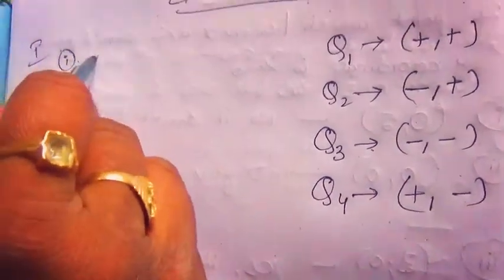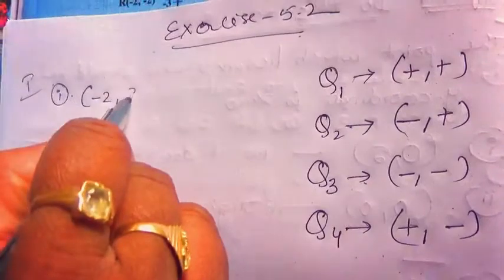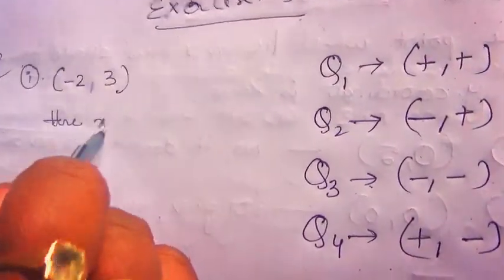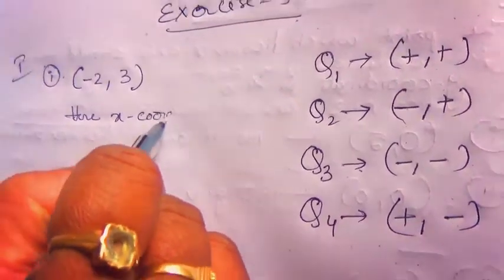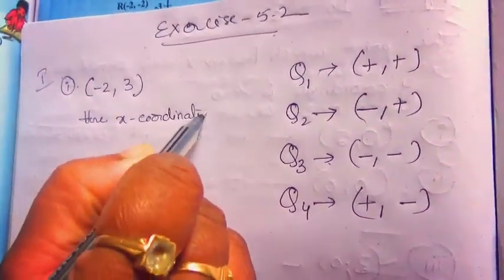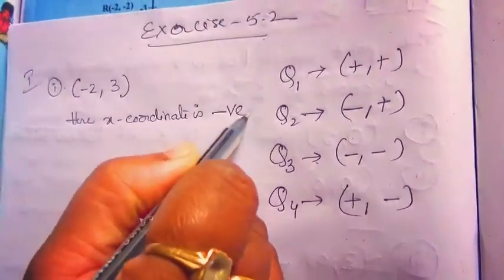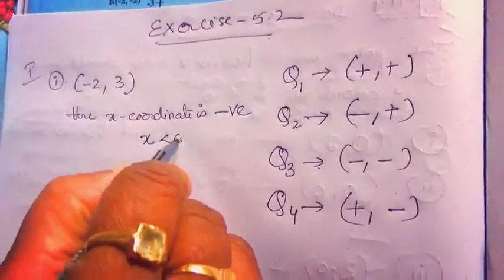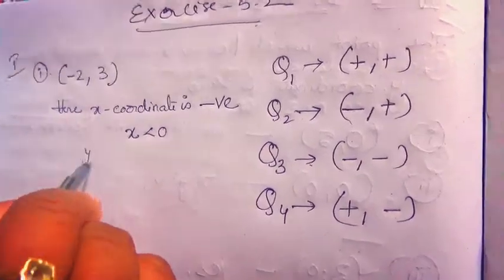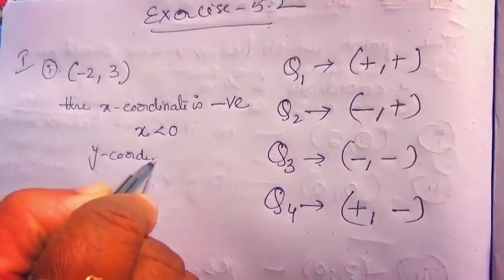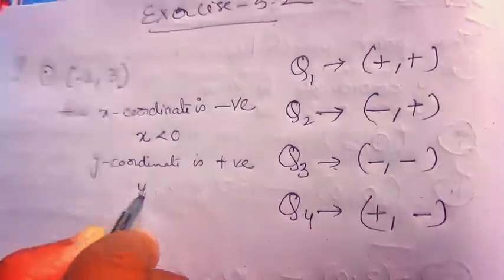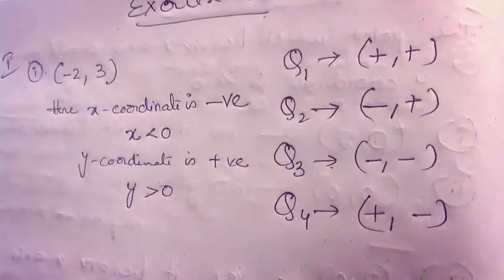In the first point, minus 2, 3, the x coordinate is negative, that is x less than 0. The y coordinate is positive, y is greater than 0.